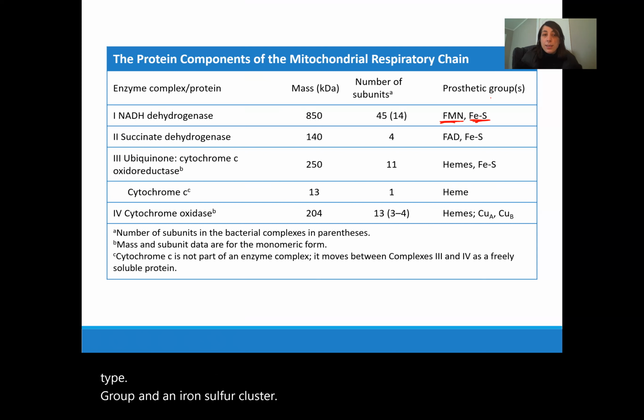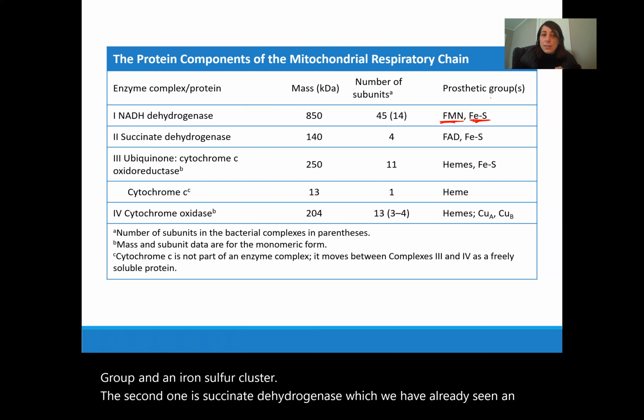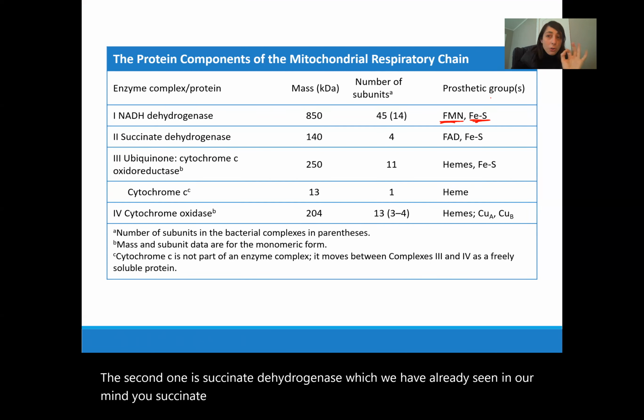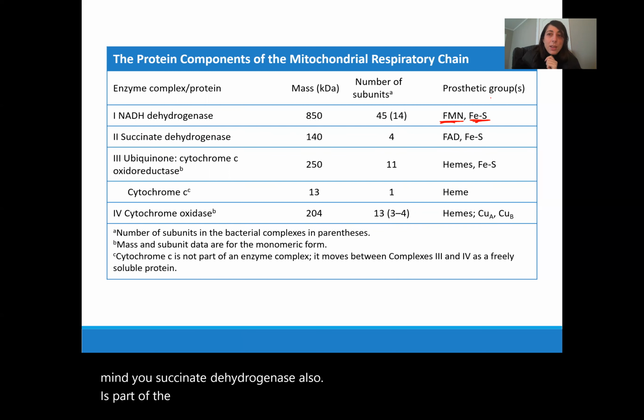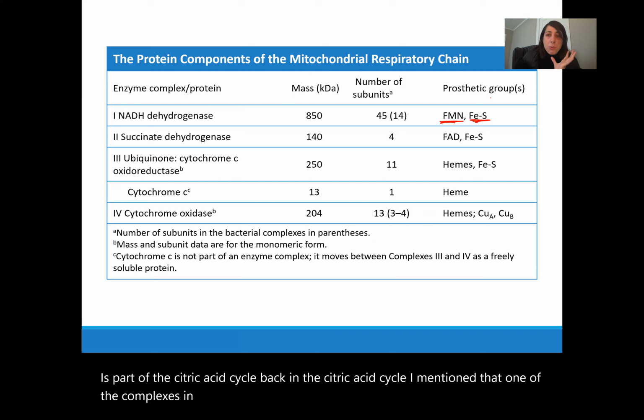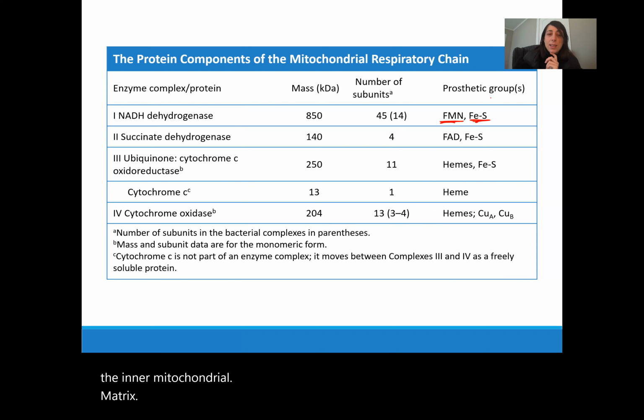The second one is succinate dehydrogenase, which we have already seen. And I'll remind you, succinate dehydrogenase also is part of the citric acid cycle. Back in the citric acid cycle, I mentioned that one of the complexes in the citric acid cycle was unique in that it was actually bound to the inner mitochondrial matrix, and that is where it was held.